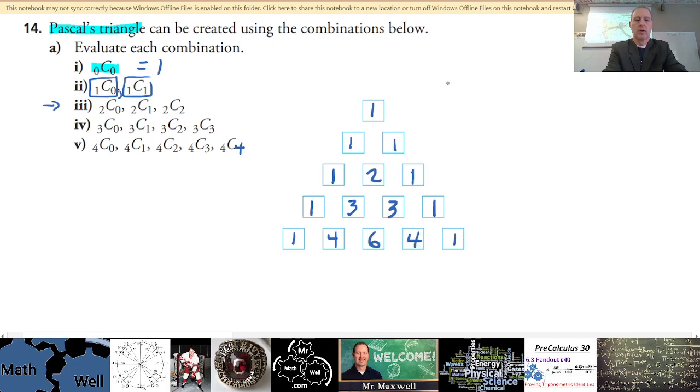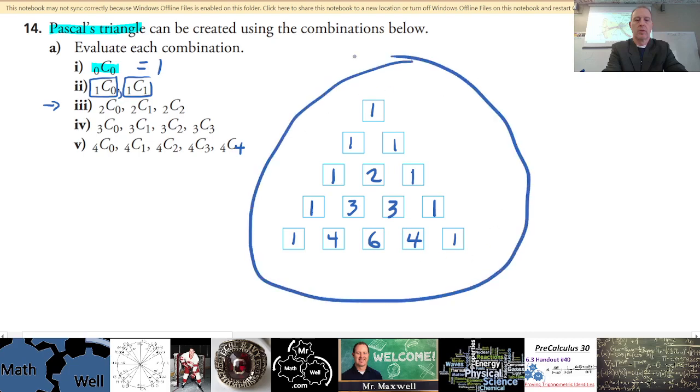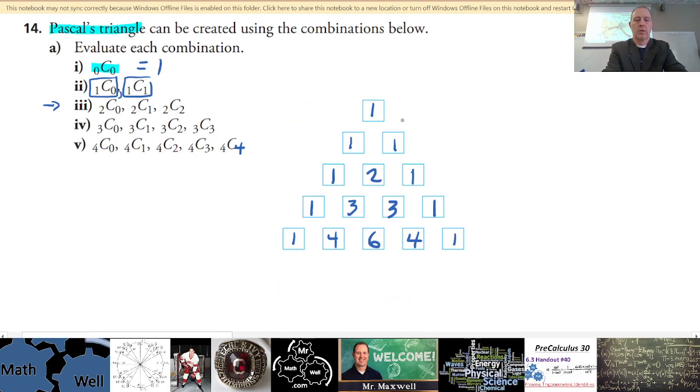Did any of you notice a pattern just looking at the triangle now? Do any of you notice any kind of patterns in the rows? Yes? Going from the third row to the fourth, you add 1 and 2 to get 3. And fourth row to fifth, you add 1 and 3 to get 4.